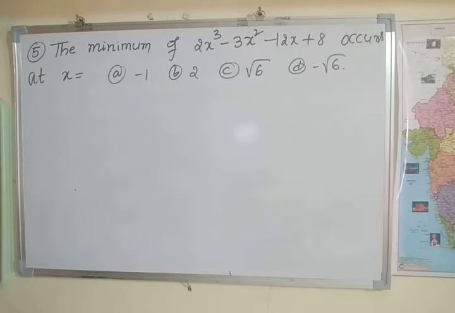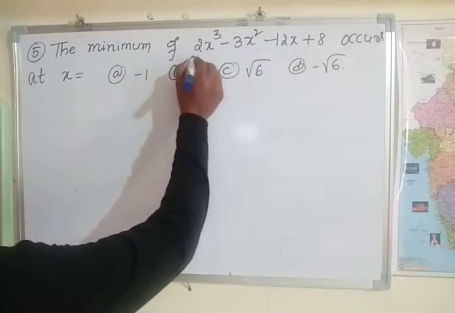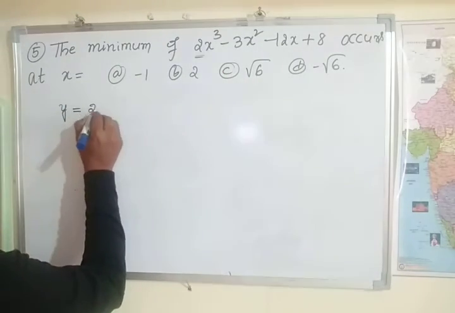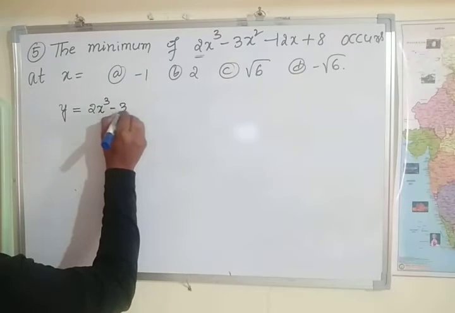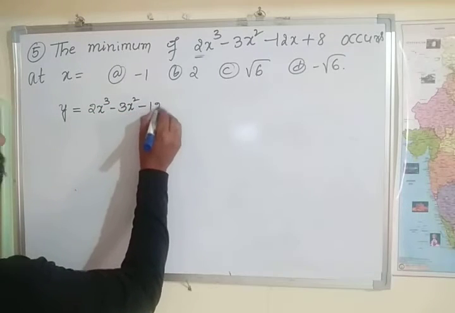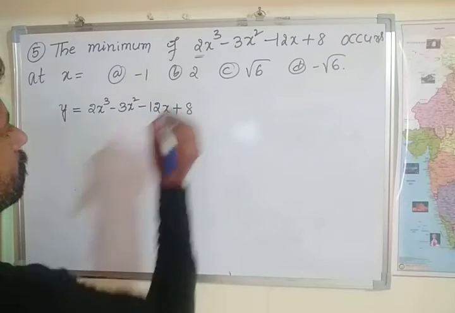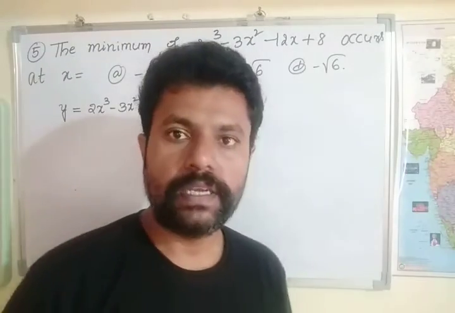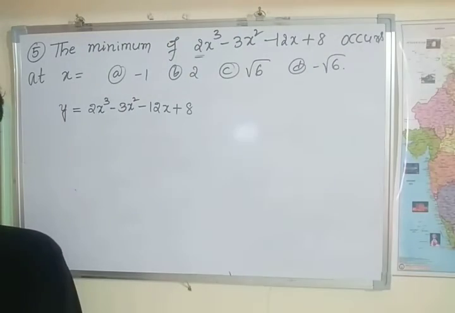Now we consider the minimum of the function. Here we consider y equals 2x cube minus 3x square minus 12x plus 8. Now we have to check whether the result is a maxima or minima. We have to find the points where dy by dx equals 0 for maxima or minima.